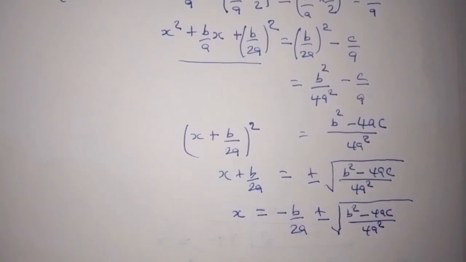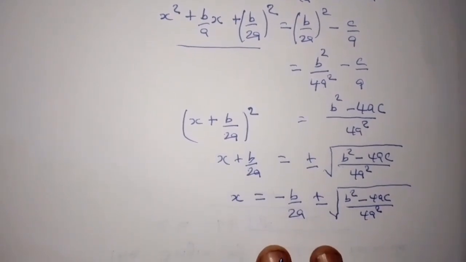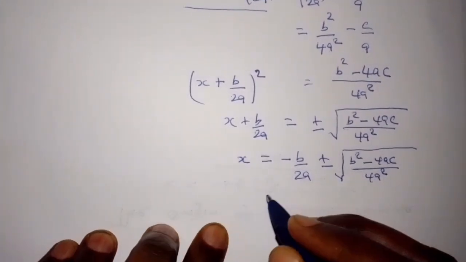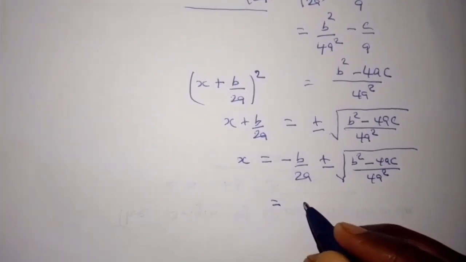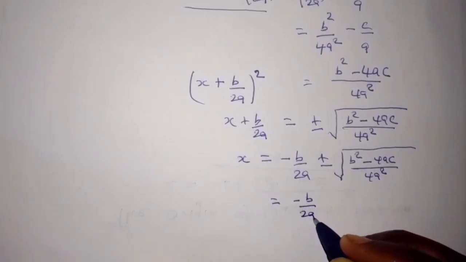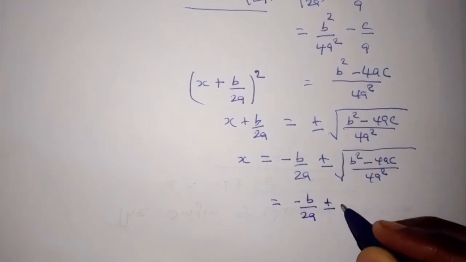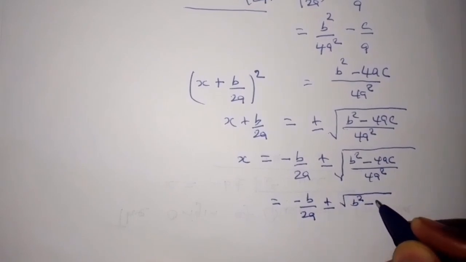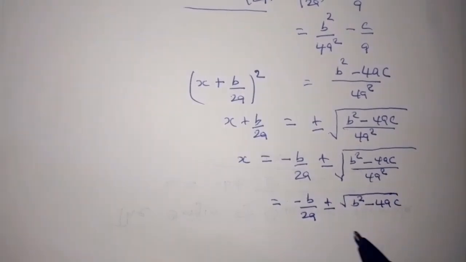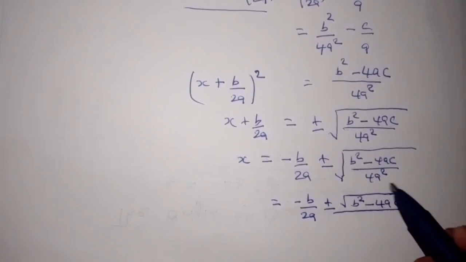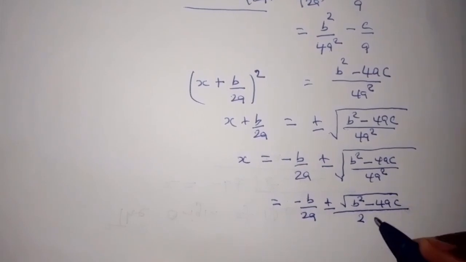Then now we can continue here. This is equal to minus b over 2a plus or minus square root of b squared minus 4ac over, square root of 4 is 2, square root of a squared is a.